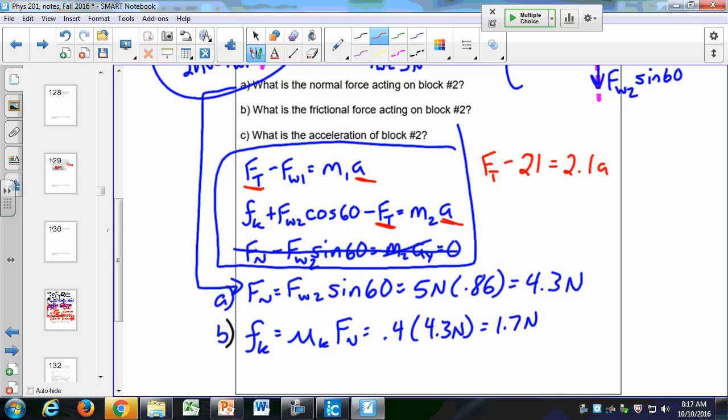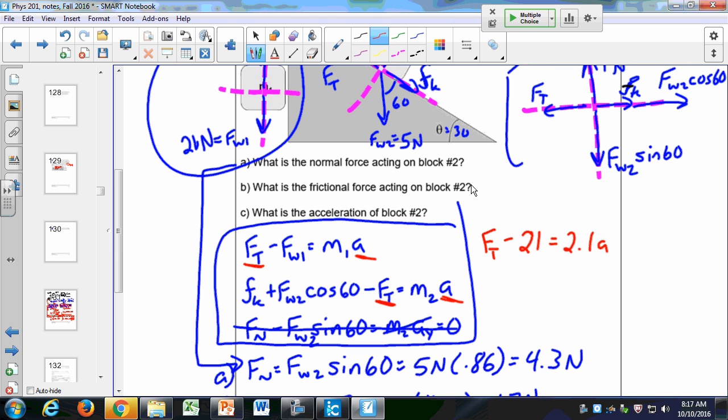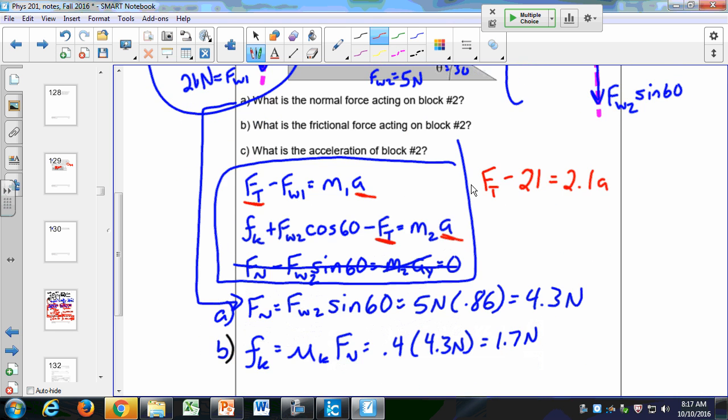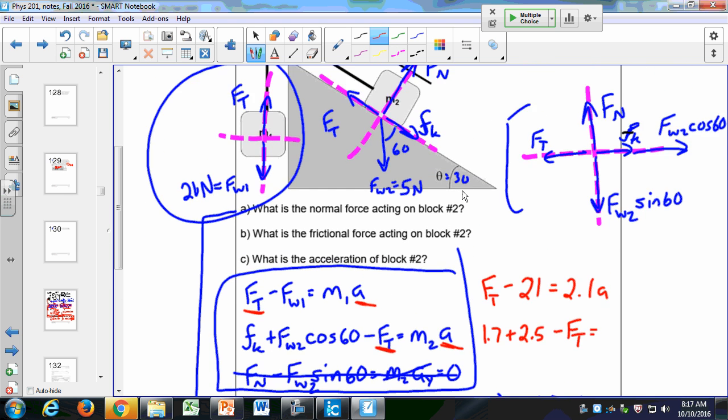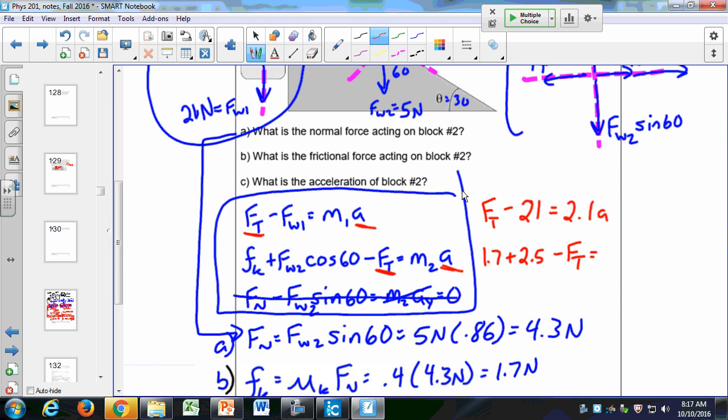And then I have Fk, which is 1.7, plus Fw2 cosine 60, that's going to be 2.5, plus 1.7 minus Ft equals 0.5a.